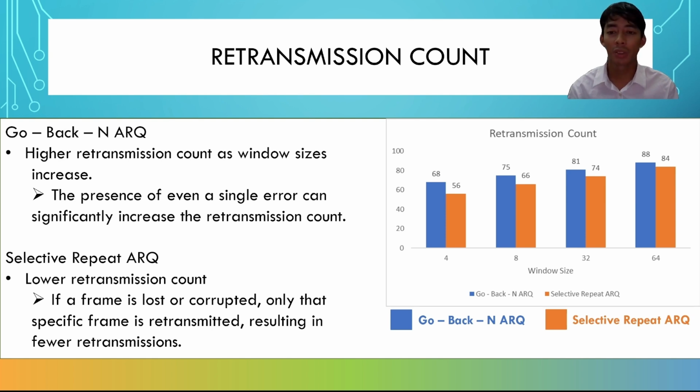If a frame is lost or corrupted, only the specific frame is retransmitted, resulting in fewer retransmissions. In Go-Back-N ARQ, if a single packet has an error, it will resend all packets onward from the sender to the receiver. In Selective Repeat ARQ, it will retransmit only the packet with the error.